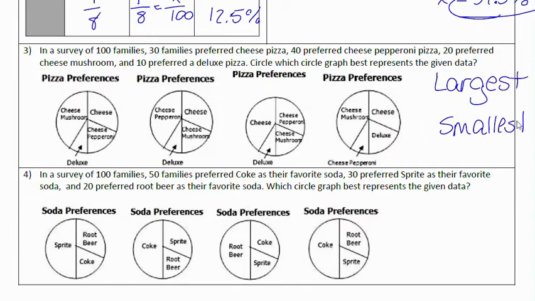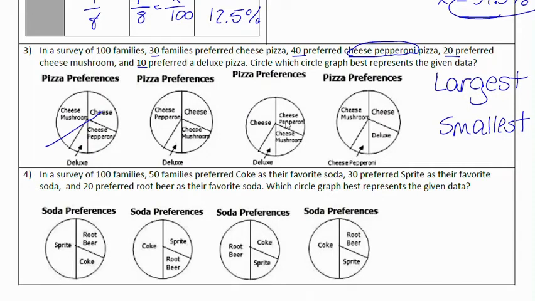So the largest piece, if I look, I have 30, 40, 20, and 10. The largest piece is going to be that cheese pepperoni. So I need to only look at the circle graphs and find cheese pepperoni. Well, is cheese pepperoni the biggest slice in this one? Nope, so it can't be the answer. Is cheese pepperoni the biggest here? Yes.